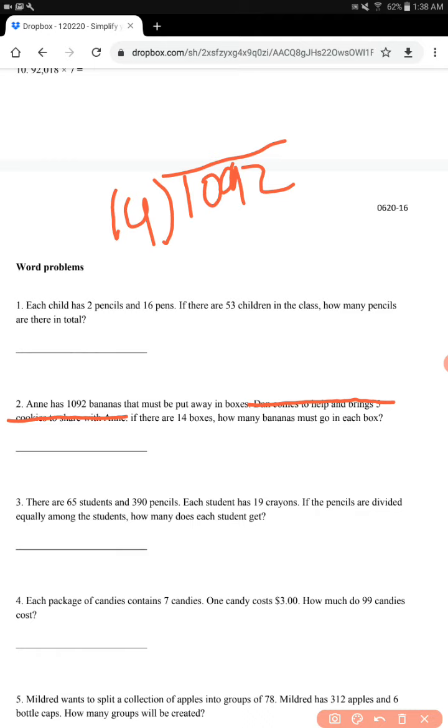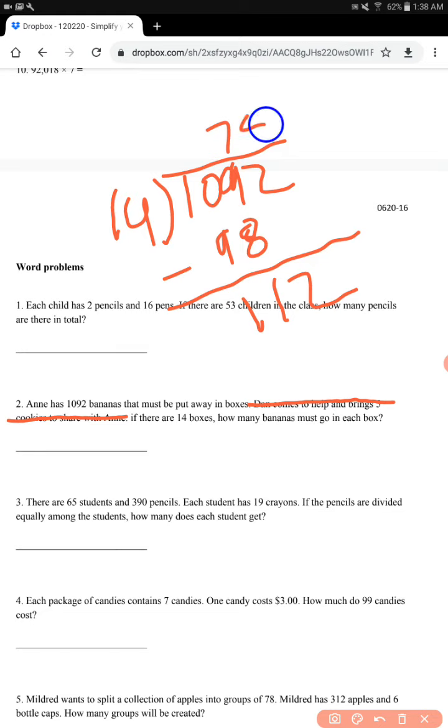That would just be, let's see, 7, so 98, and then you're left with 112. And then 8, so that is 112.